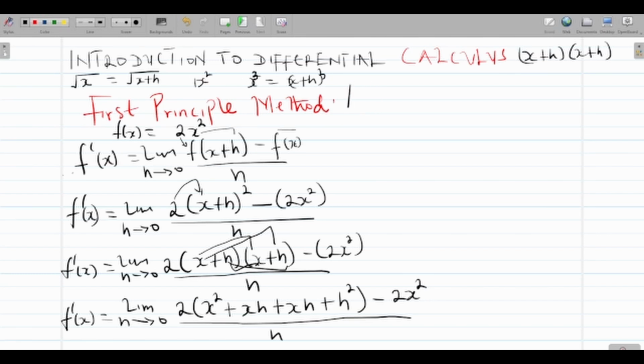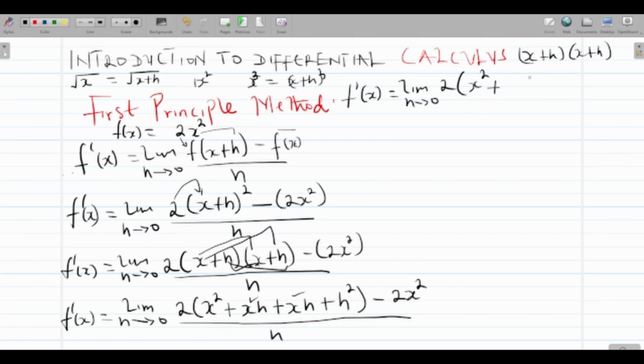Okay, now we can go ahead and simplify. I would say f prime of x is equal to the limit as h approaches 0. So here we also have a bracket. We've got a 2 outside the bracket, and we have x squared here. Now, the x plus h are like terms. So this is 1x plus h, and this is 1x plus h.